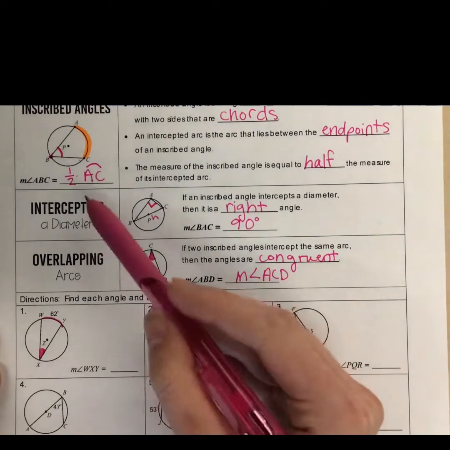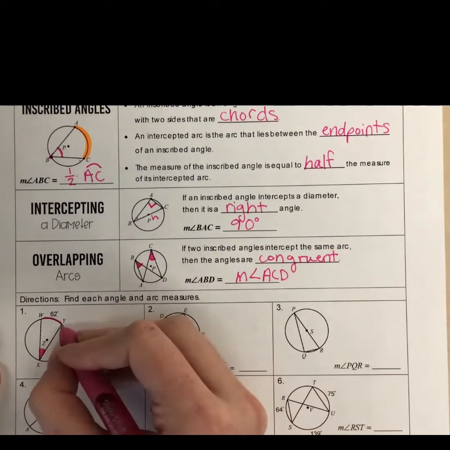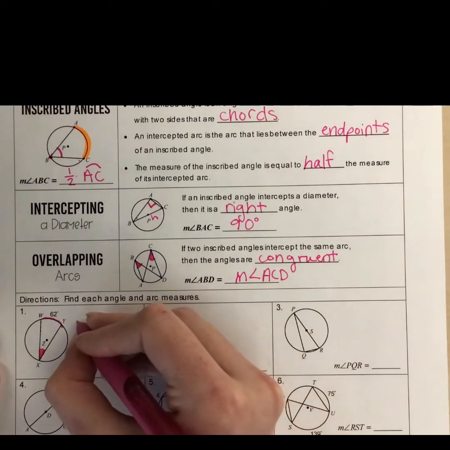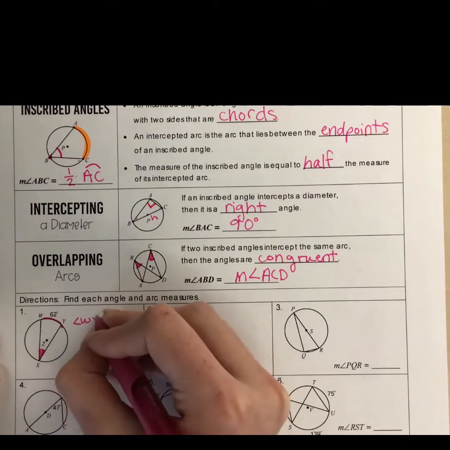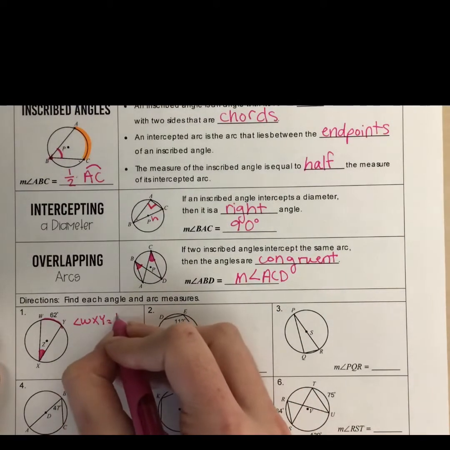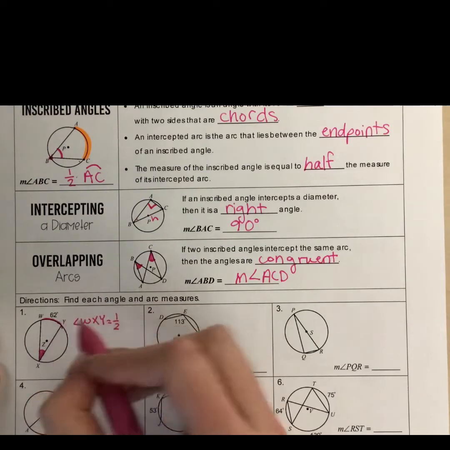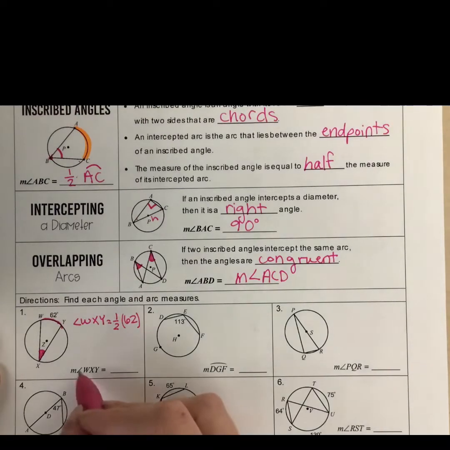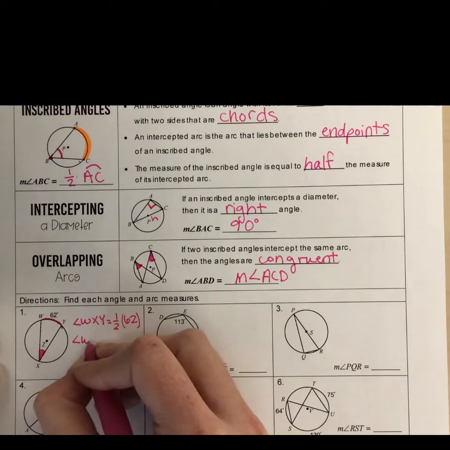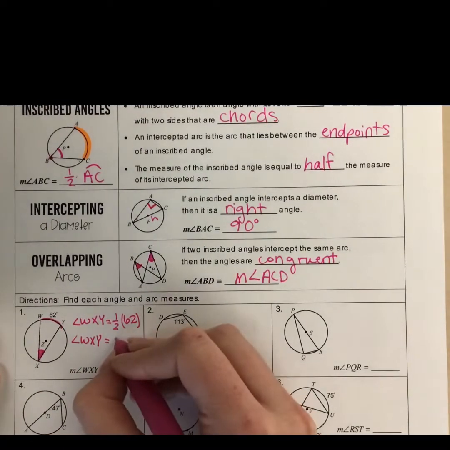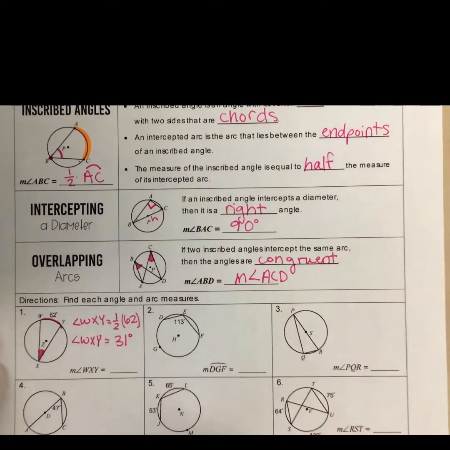The angle is 1/2 of my arc measure, which is 62. So the measure of my angle WXY, well, 1/2 of 62, I know that that's going to be 31 degrees.